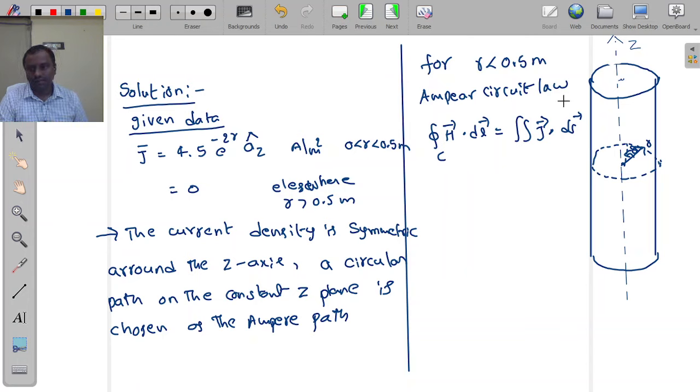For r less than 0.5, this is the uniform current density, so H dot dl you can write as H into 2 pi r equal to integral of J dot ds.